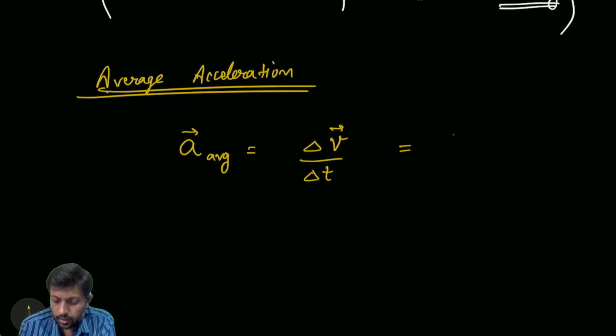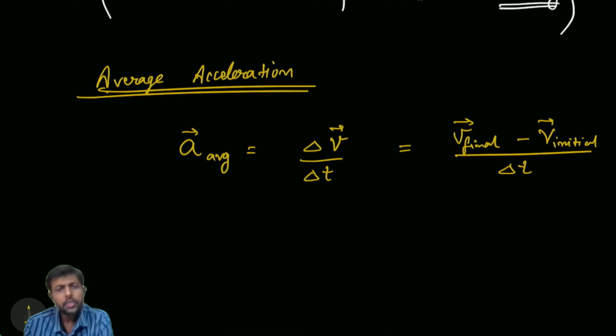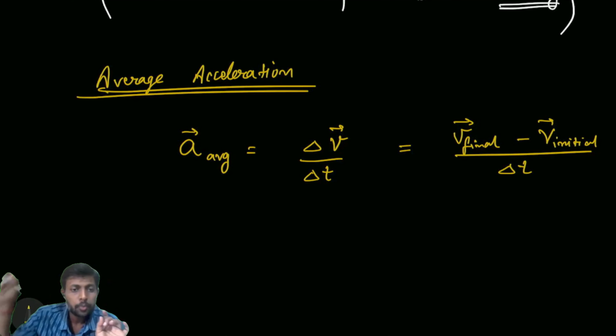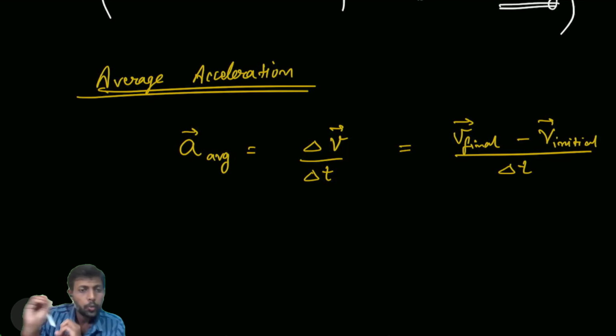That means velocity final minus velocity initial upon delta t. That means we are talking about a final position of the object and an initial position of the object. We're not bothered about how this motion happened. We're only bothered about what was the final velocity, what was the initial velocity. That's all. So that is how we define average acceleration. Again, I'm reiterating, acceleration is defined in terms of velocity, not in terms of speed.